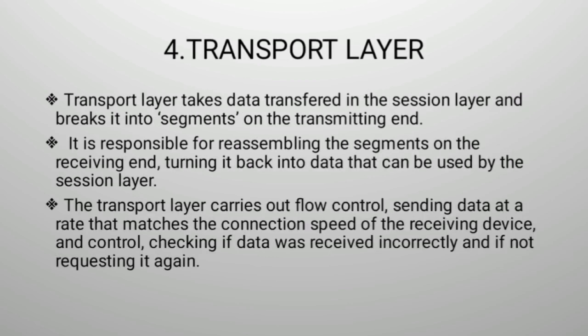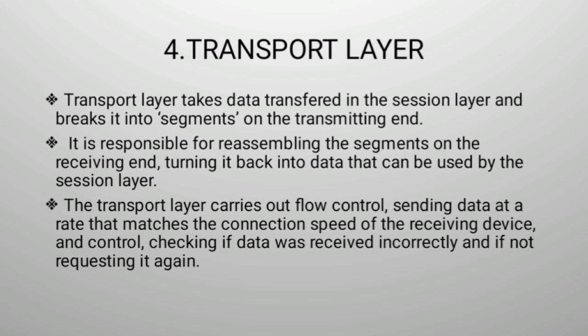Fourth, the transport layer. The transport layer takes data transferred in the session layer and breaks it into segments on the transmitting end. It is responsible for reassembling the segments on the receiving end, turning them back into data that can be used by the session layer.